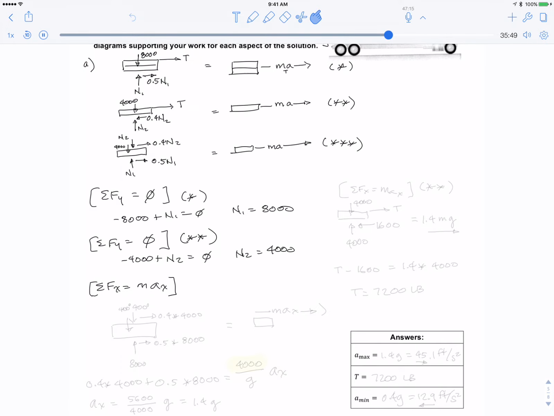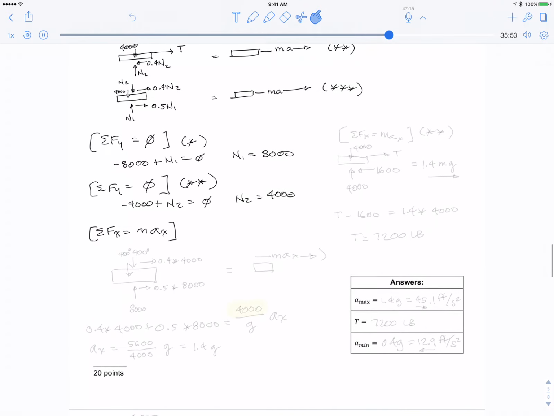So now, if you look at free body diagram 3, I did sum Fx equals max. Let me draw it all out again. We had the N2, which was 4,000, you had the weight, which was 4,000. You had the normal on the bottom, which was 8,000. That's nice, that adds up to 0.